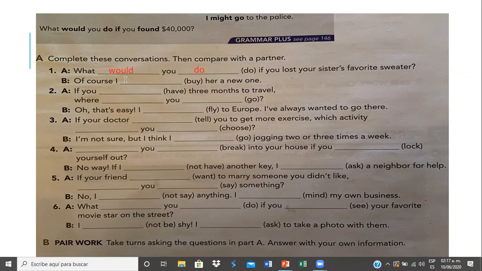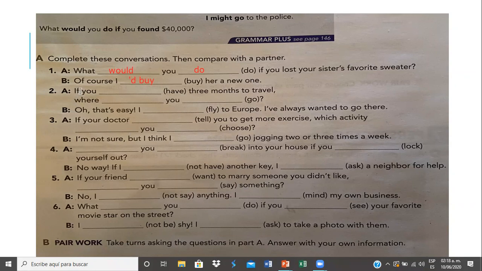Of course, I would, this is the contraction for I would, hide. And the verb, as I said, is in its base form. Don't conjugate it. It's just as it is in the parentheses. That's correct. Of course, I would or I'd buy her a new one.